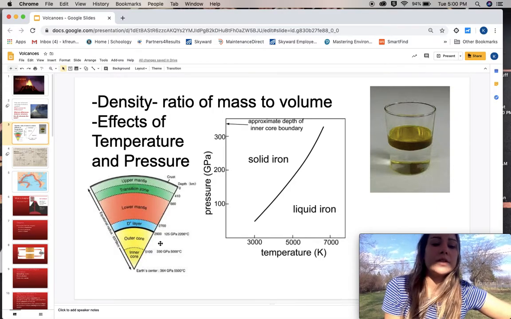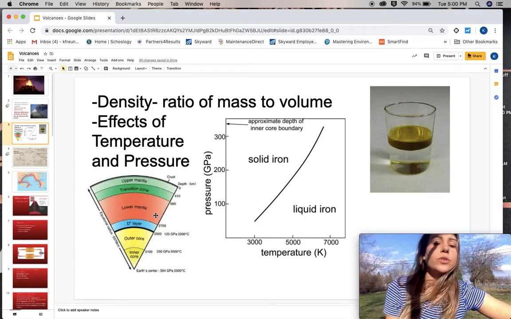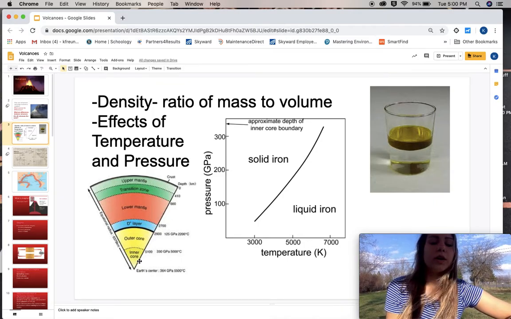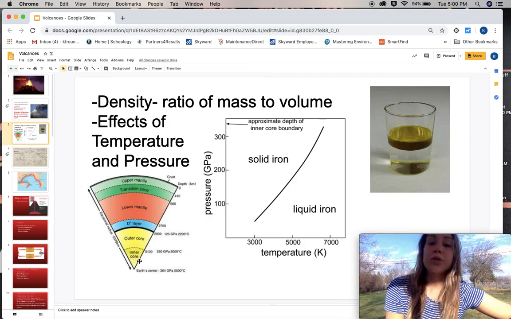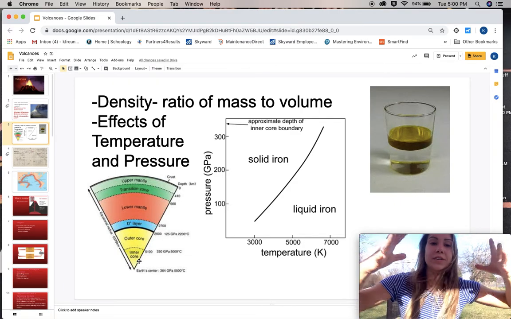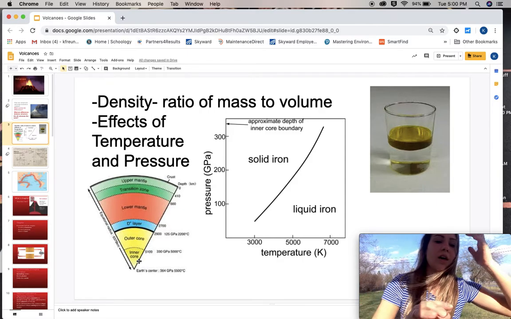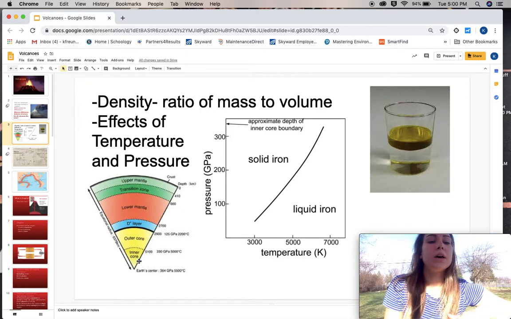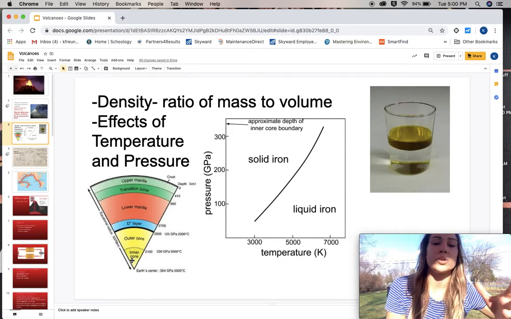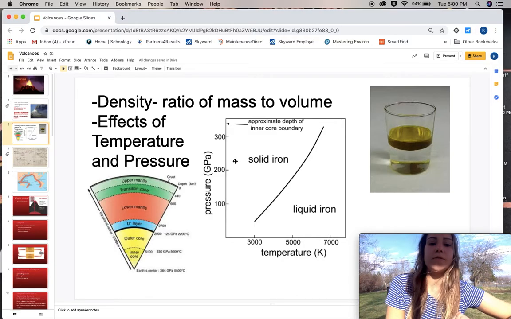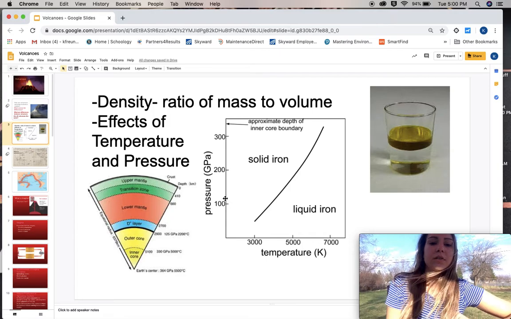This diagram here is showing how as we go further into the core, we are increasing pressure, because we have lots of layers on top, really pushing that rock together. So that's going to cause us to have a more solid rock under very high pressure, as we can see here.